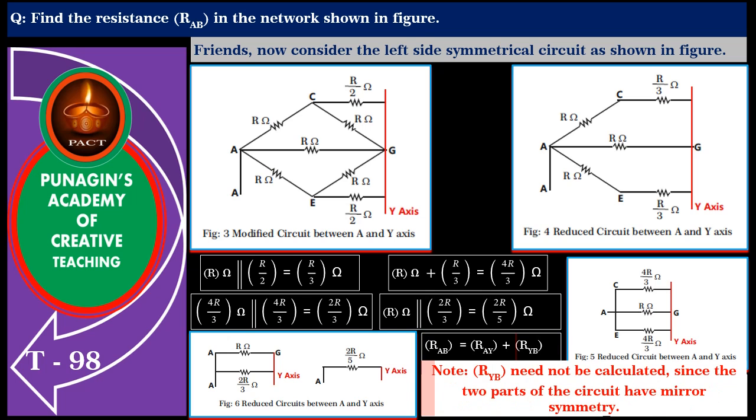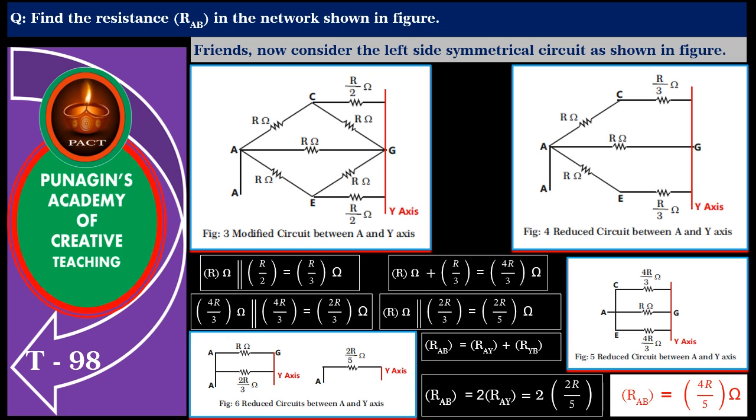Note, RYB need not be calculated since the two parts of the circuit have mirror symmetry. Therefore, RAB is equal to 2 times RAY and that is equal to 2 into 2R by 5, and by solving we get RAB is equal to 4R divided by 5 ohm.